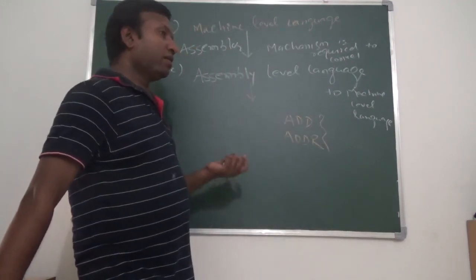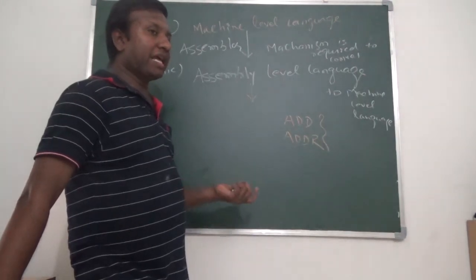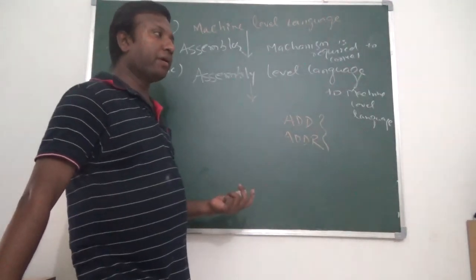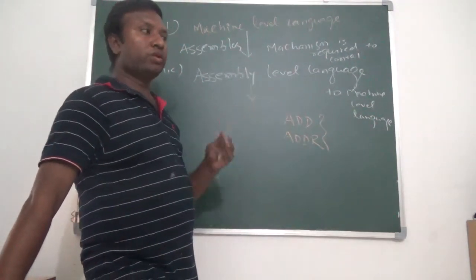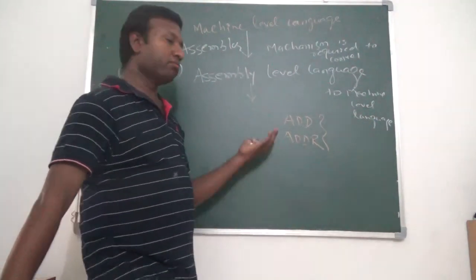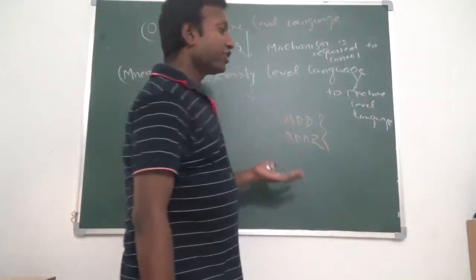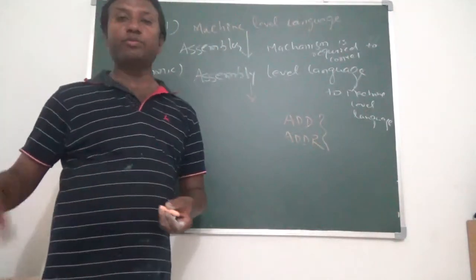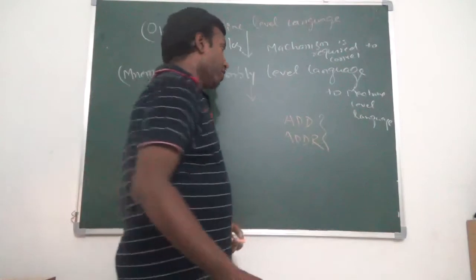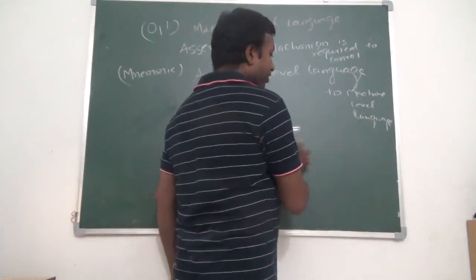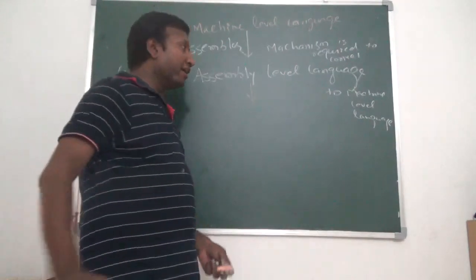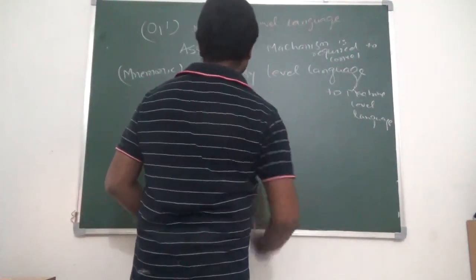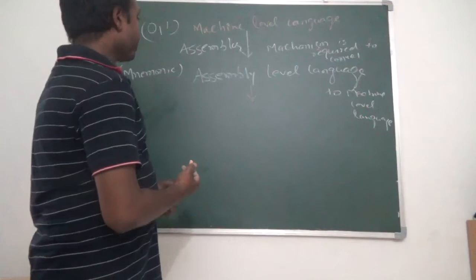This add possibly can add two instructions from the memory. Add r can add two numbers on the registers. There might be various versions of different program, different command. So remembering all those versions are still not feasible, right? So that is what the problem with this assembly level language.